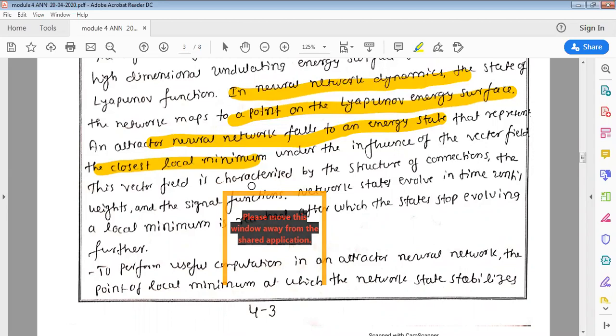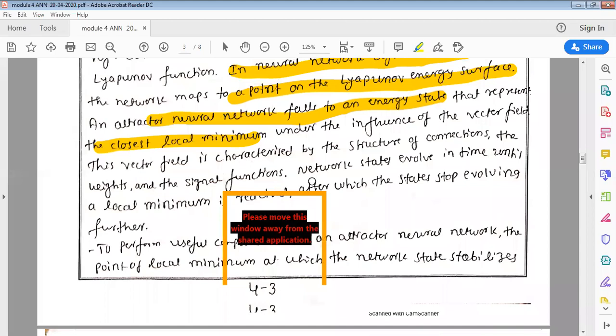Once a network settles down to a particular state, which is the local minimum of that particular surface, we say that the structure or connection has achieved a minimum, and that minimum is known as a memory.